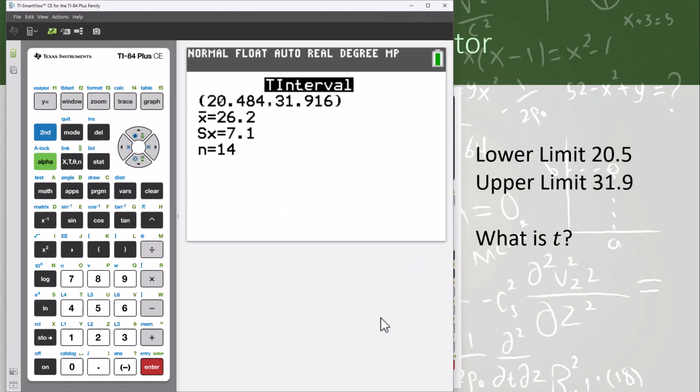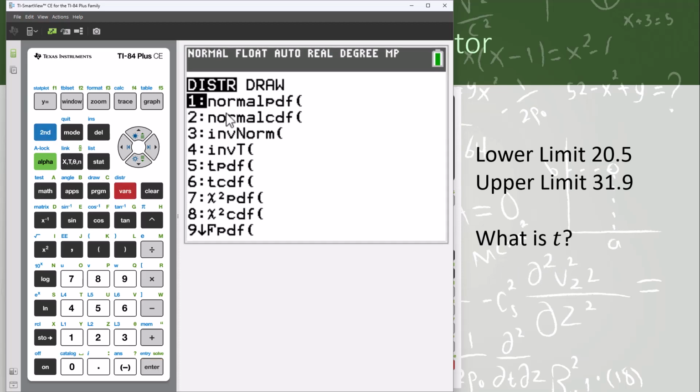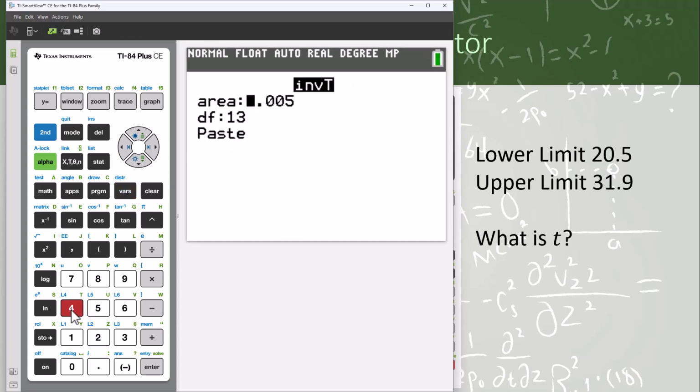So here's my calculator, and to figure out our critical value, we have to go into distribution, namely second VARS, and we want to go to inverse t. Okay, so we want to find that value of t where the area to the right of it is 0.005 and it has 13 degrees of freedom.